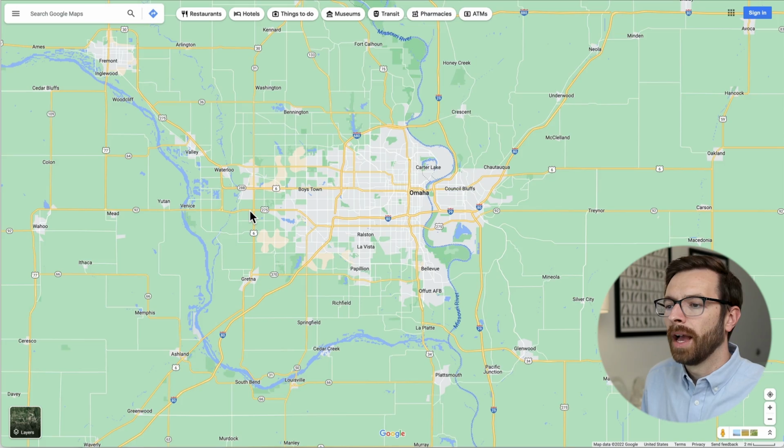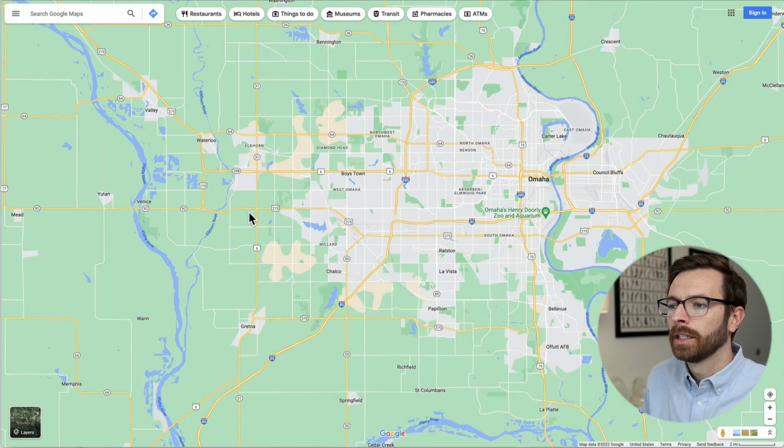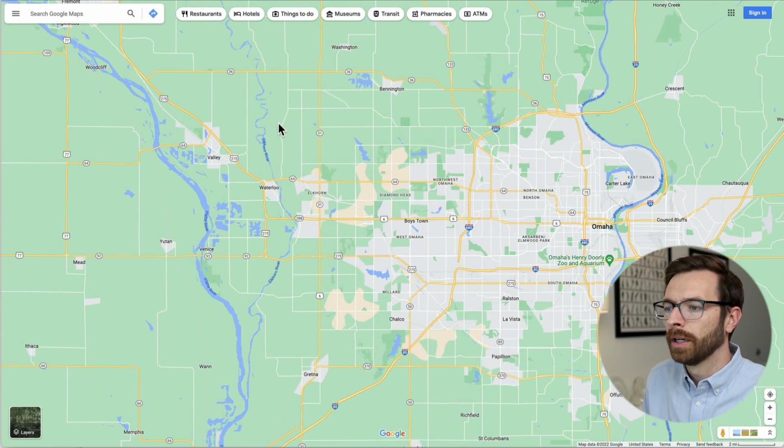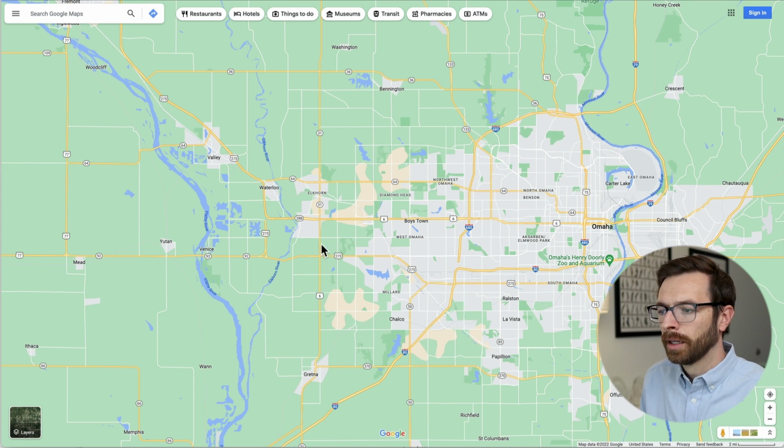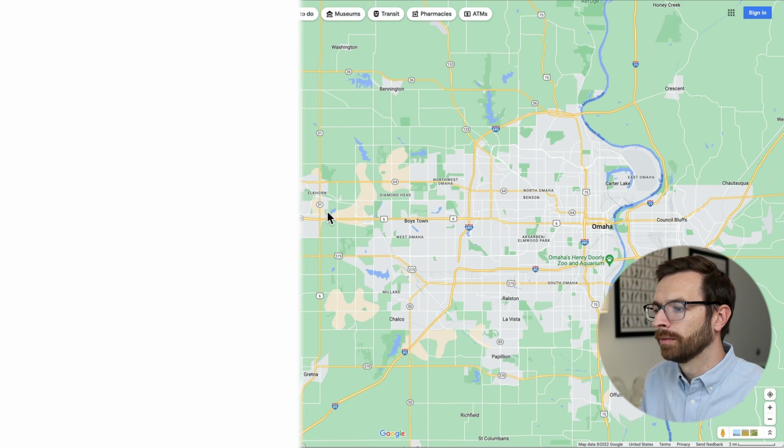Another river that you might want to be aware of is going to be the Elkhorn River. So the Elkhorn River is going to be this little blue line that snakes its way down there. That's kind of almost like the western edge of the Omaha area. That's another body of water you may want to be aware of.